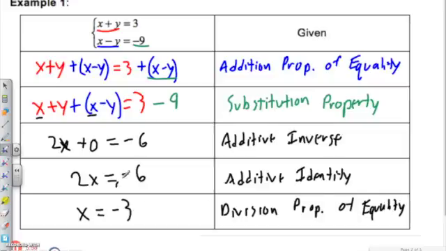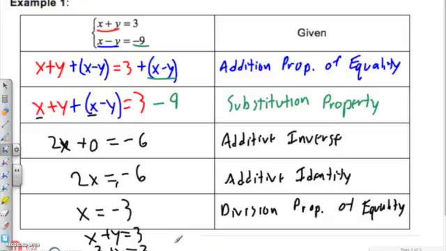Alright, so now remember, if we wanted to find the y value outside of our proof, we would have to plug this back into either of the top equations. So I'm just going to plug it into the top one. x plus y equals 3. That's just my equation from the top. I now know that x is negative 3, so negative 3 plus y equals 3.